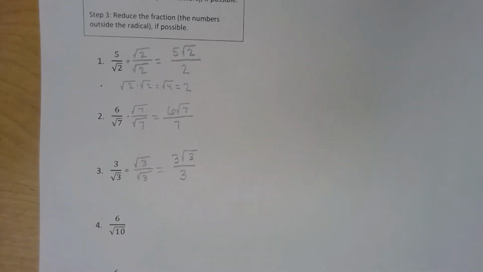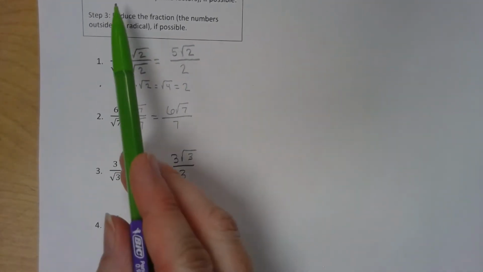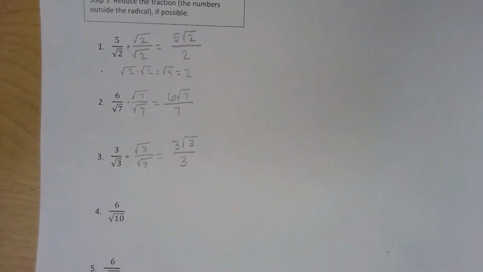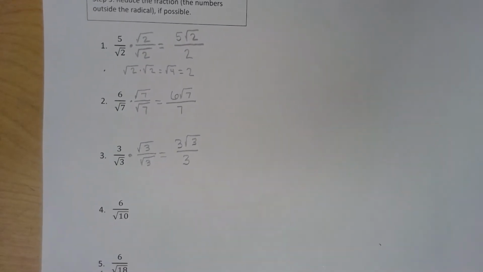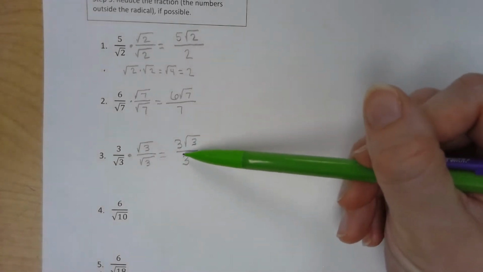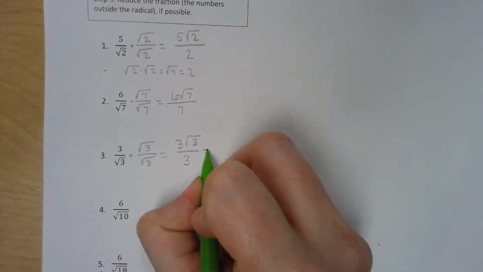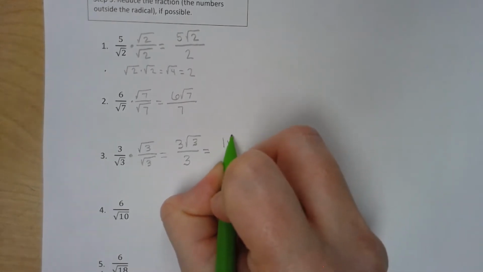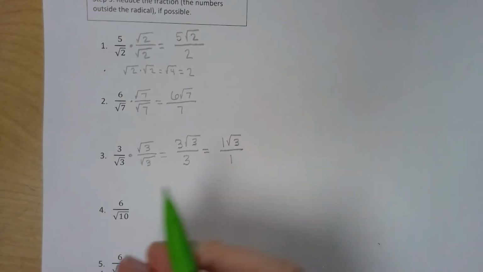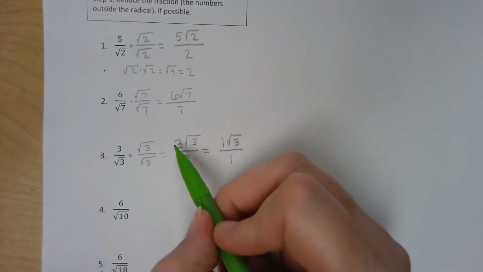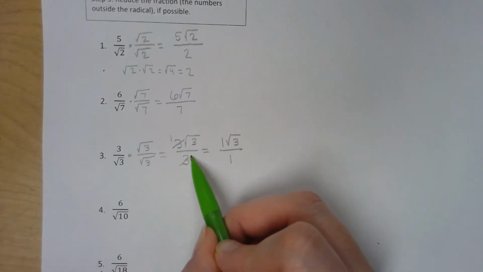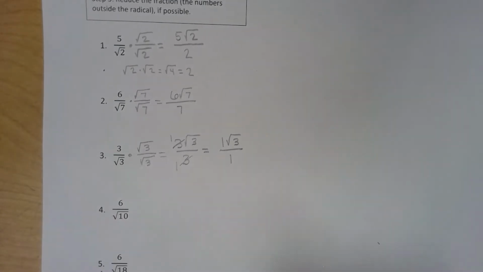So looking at our next steps, inside the radical, simplifying that radical, well, 3 is a prime number, so we will not be able to reduce that, but we can reduce 3 and 3, the numbers outside the radical. They're both divisible by 3. So if you reduce 3 by 3 and 3 by 3, they become 1s.